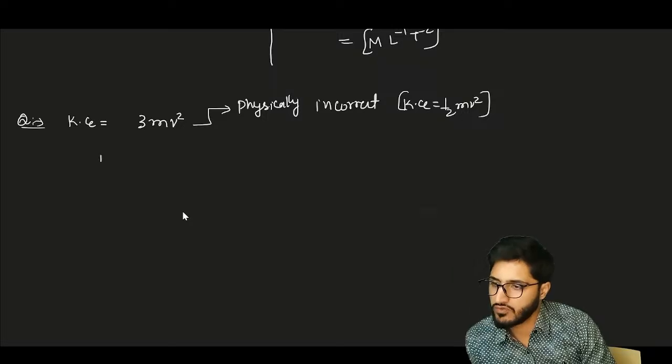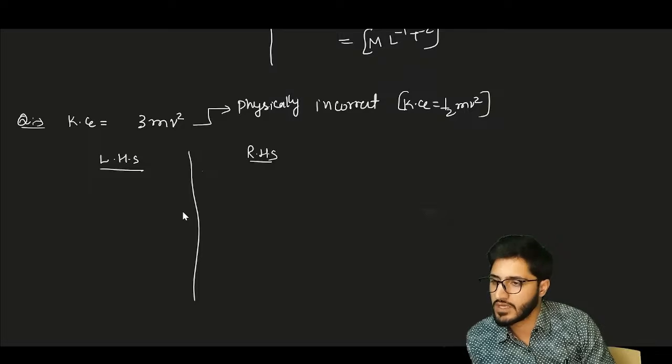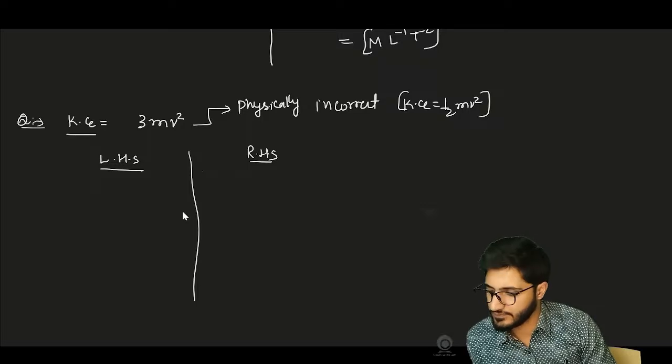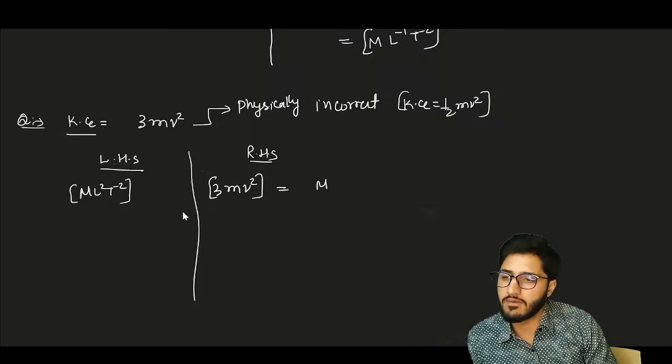So we will take the left hand side and the right hand side. Left hand side is kinetic energy. It is energy, that is ML^2T^-2. Right side is 3mv squared. 3 is a dimensionless quantity, m is mass, so I can write M. Velocity is LT^-1, squared, so L^2T^-2.